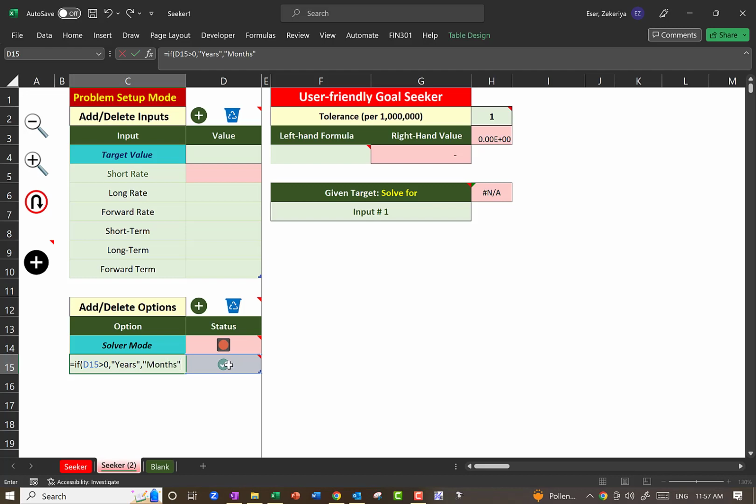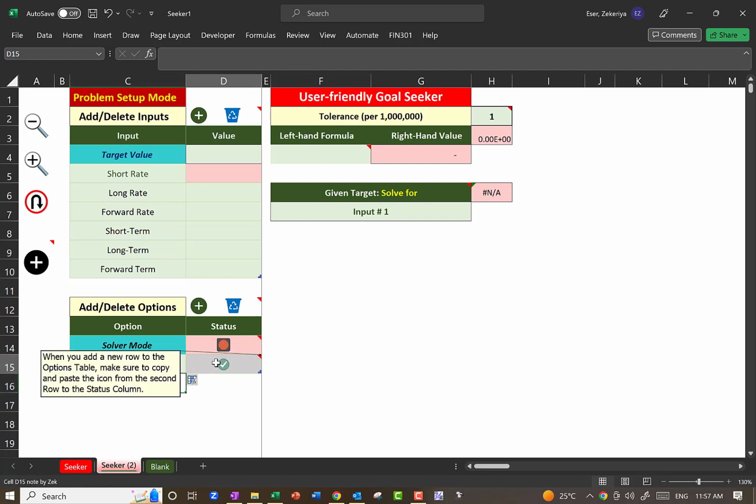For longer term stuff, we use years. But since I'm going to do months, let's enter our short term 6 months, long term 12 months, forward term 6 months.